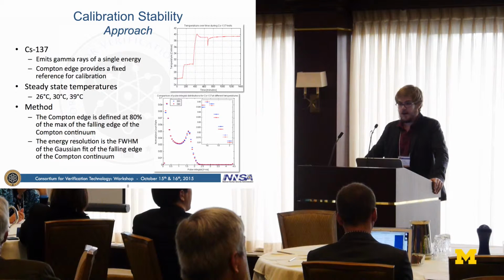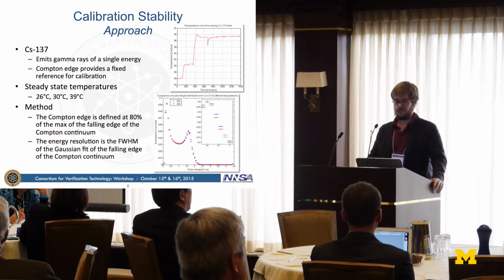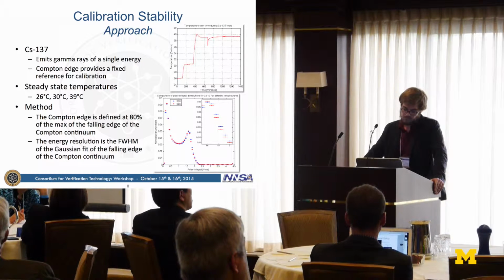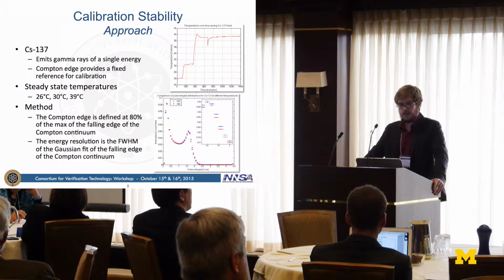We define the Compton edge in pulse integral distributions as 80% of the maximum value of the falling edge of the Compton continuum. We computed the energy resolution by computing the full width at half max of a Gaussian fit to the falling edge of the Compton continuum. In the bottom right of the screen, there's a plot that shows the pulse integral distributions for the 30-degree test and the 39-degree test.